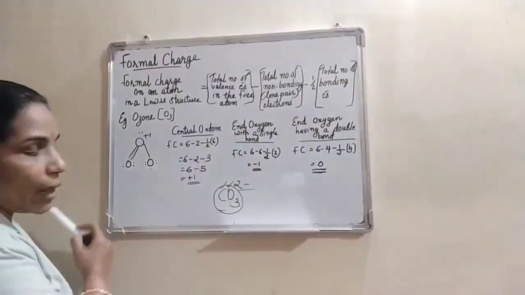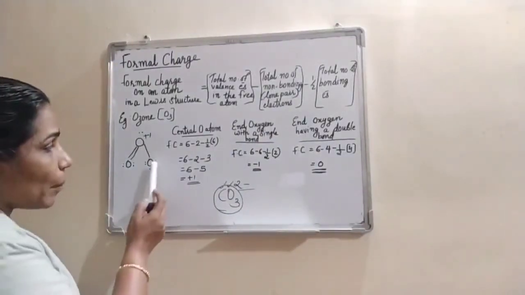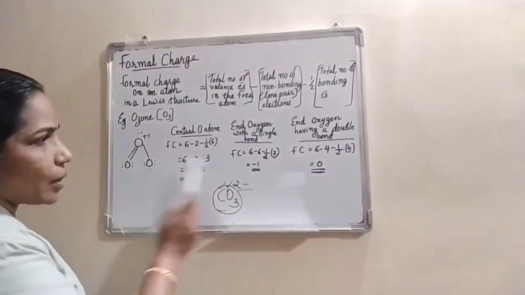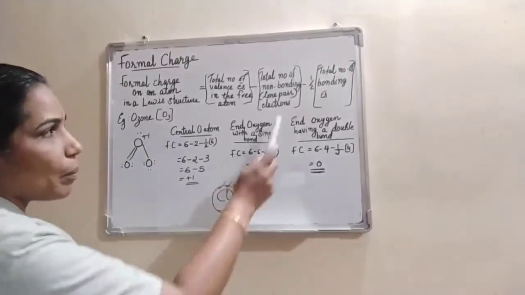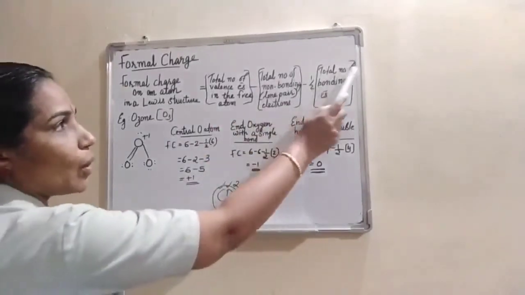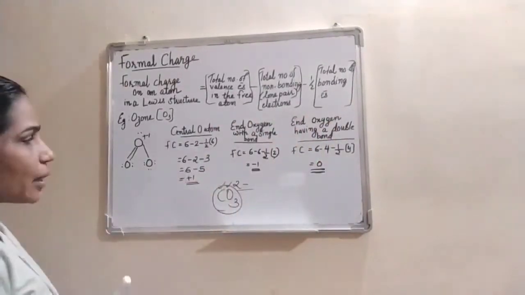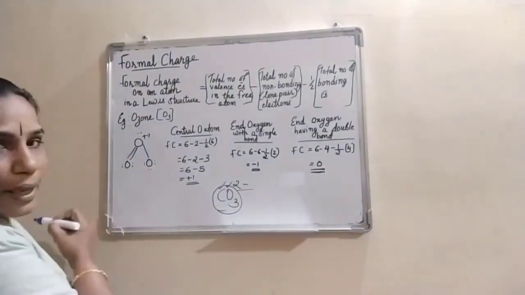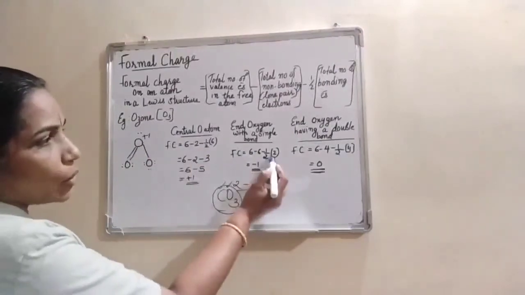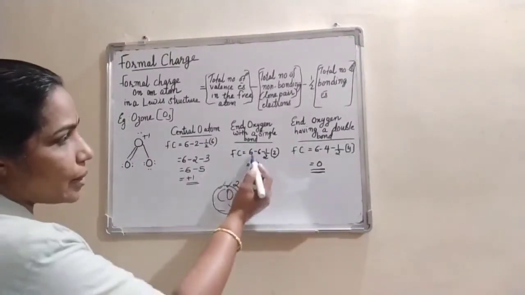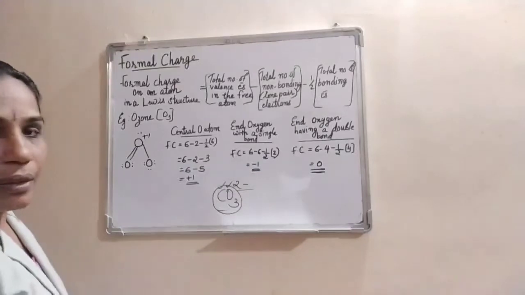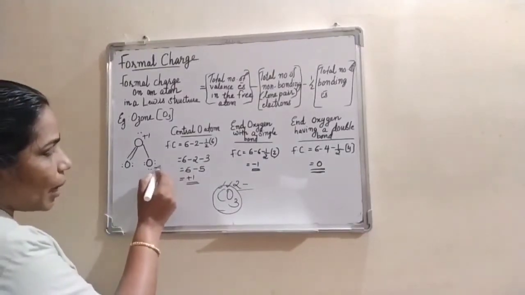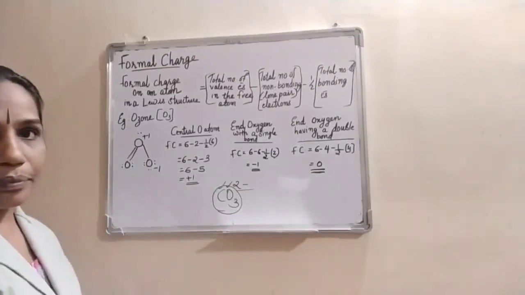How many lone pair of electrons? 3 lone pair, that is 6 electrons, minus half into total number of bonding electrons. There is only one bond, single bond, that is 2 electrons, 2 into half. That is 6 minus 6 minus 1, which is minus 1. Then the formal charge on this end oxygen atom is minus 1.